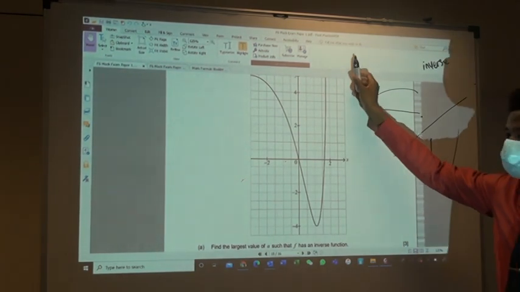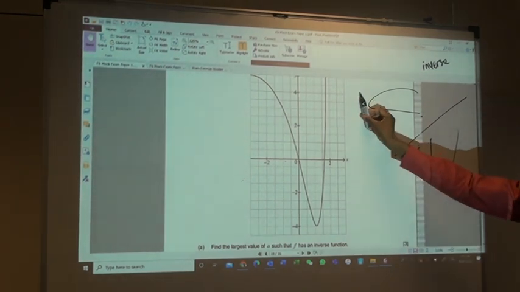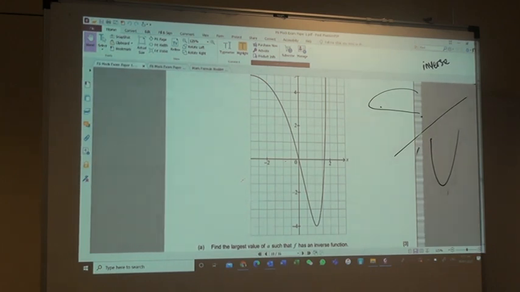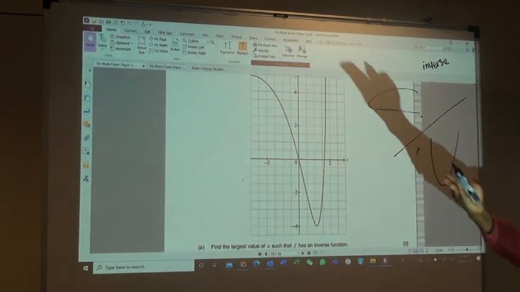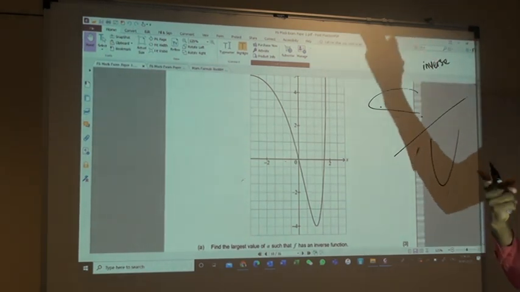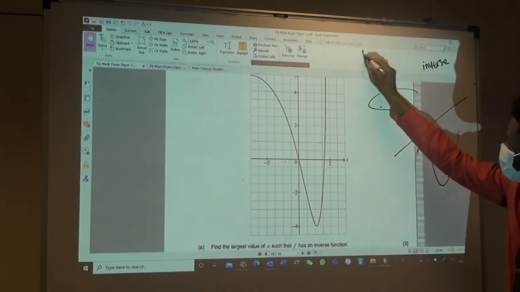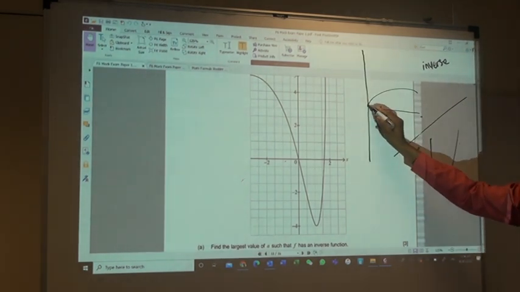If I have my vertical line test, do you remember the vertical line test? If I slide it, when does it fail? When there are 2 points of intersection. So my vertical line test will fail after this point.